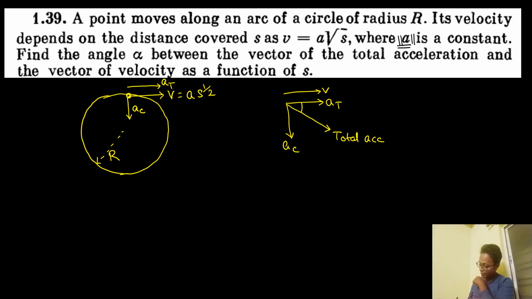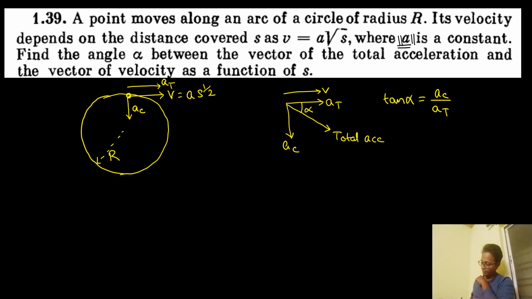Find the angle between velocity vector and total acceleration. That is our question. I have to find out this value of alpha. So my approach here should be tan alpha is equal to perpendicular by base, or centripetal acceleration by tangential acceleration.